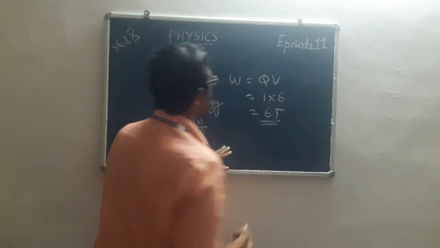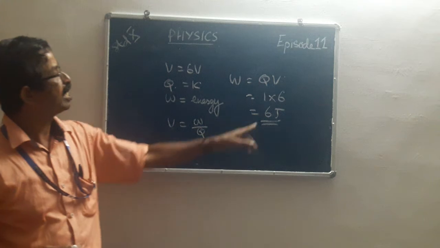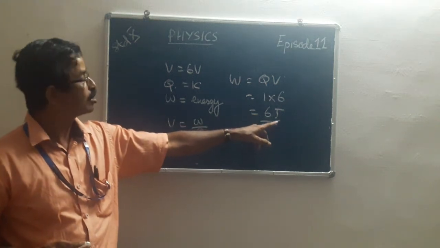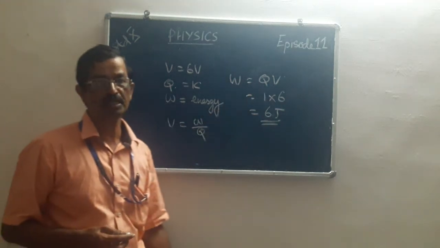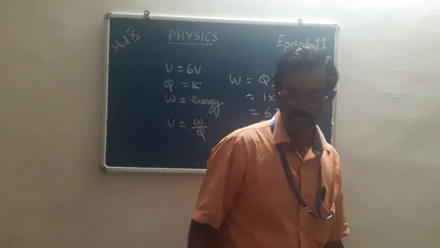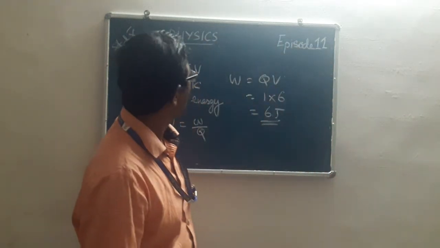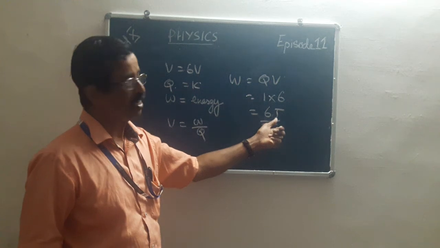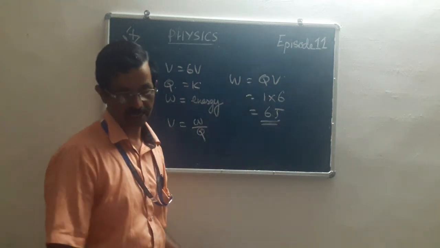Work and energy both have the same unit, joule. So to move each coulomb charge through the conductor, we spend 6 joule energy.